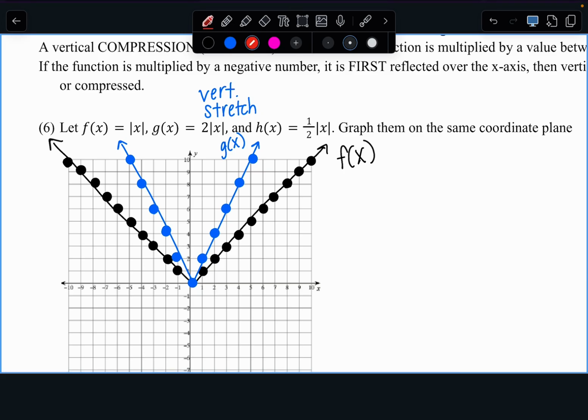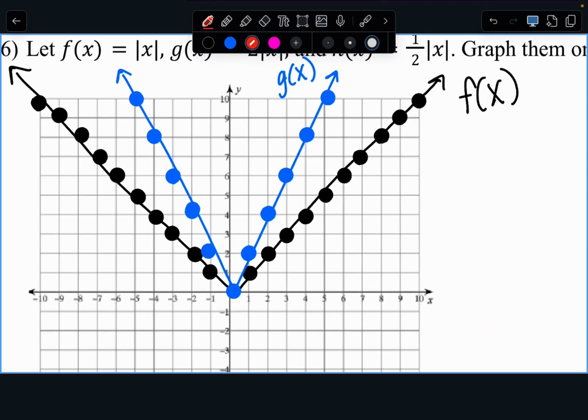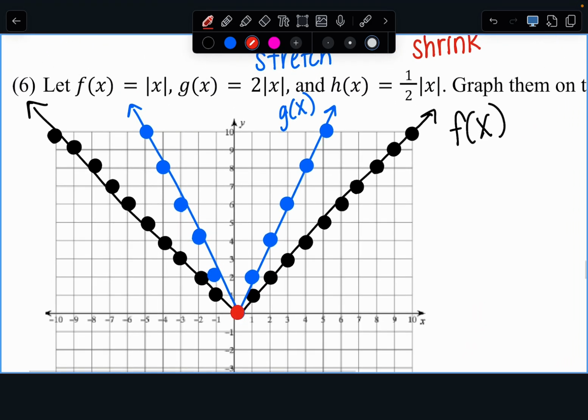h of x is a vertical shrink. So I'm going to zoom in here. 0, 0 is still at 0, 0.